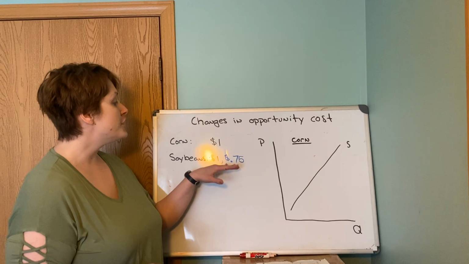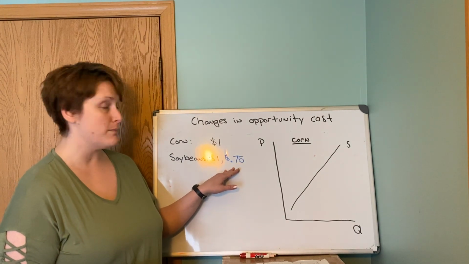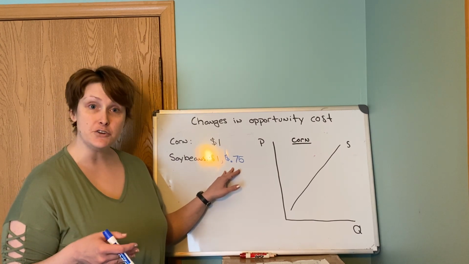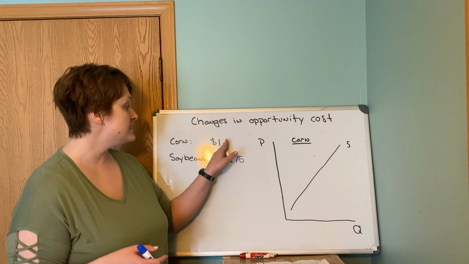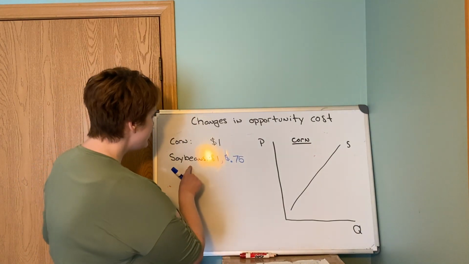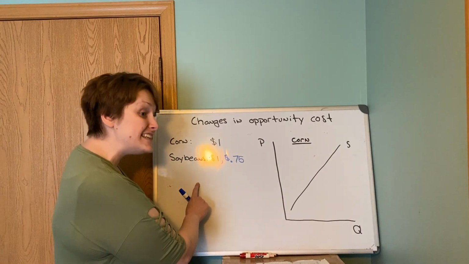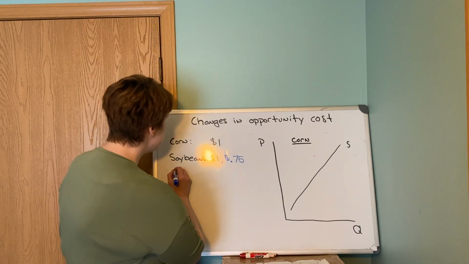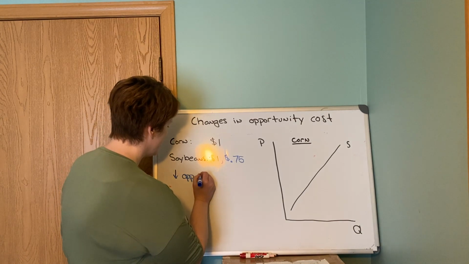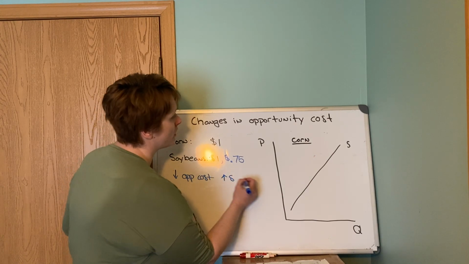So now there are some people in the market that are going to switch from soybeans because the sales price decreased, and instead they will end up going to corn. So this is a decrease in opportunity cost, which will lead to an increase in supply of corn.